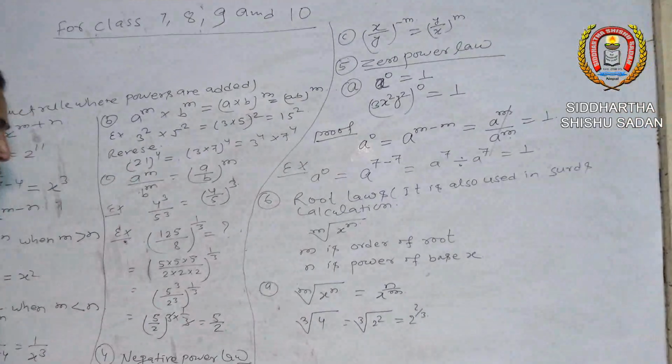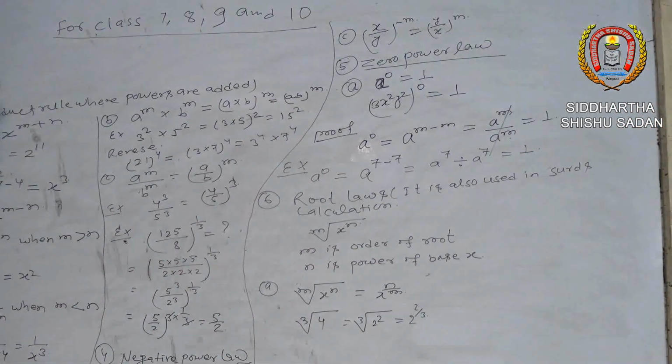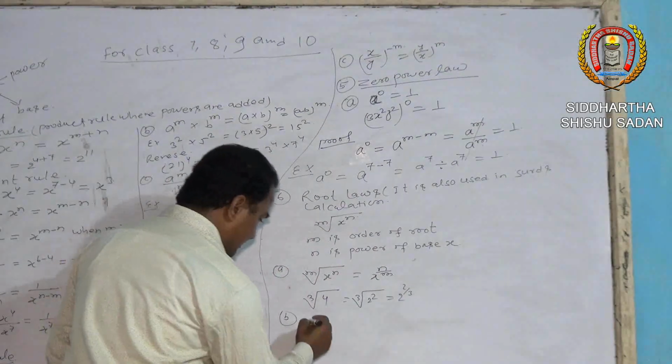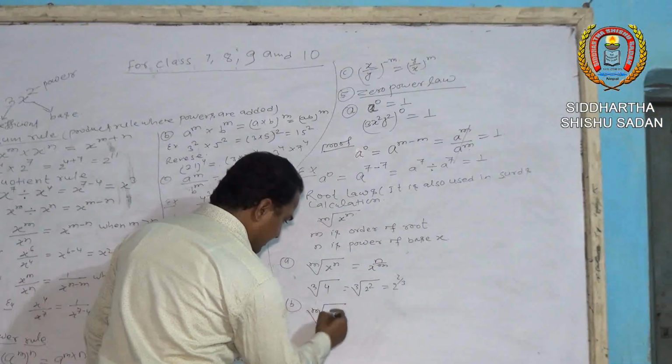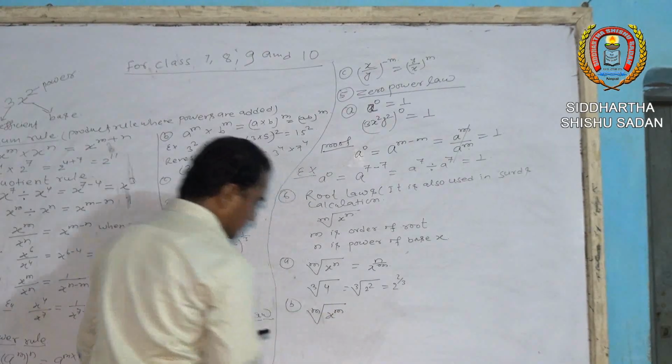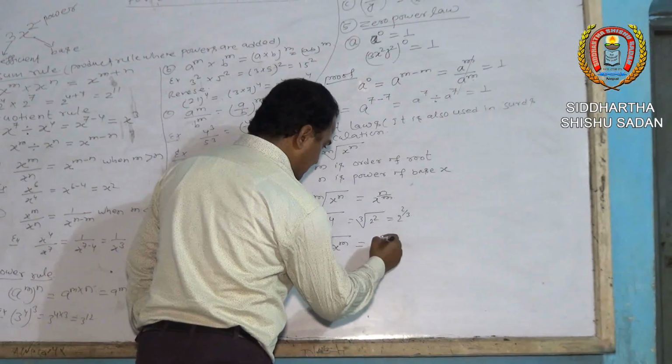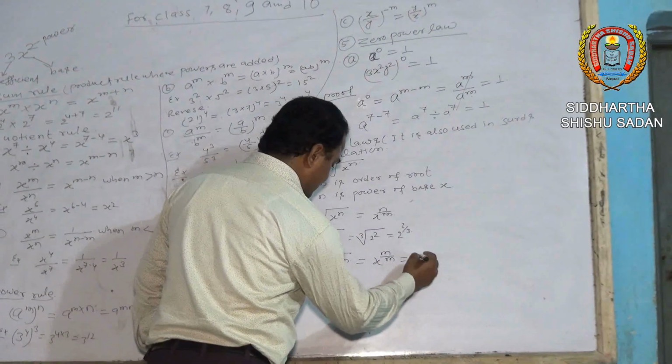2 to the power 2 by 3. This is. Next is b. m root x to the power m is equal to x to the power m by m, that is equal to x.